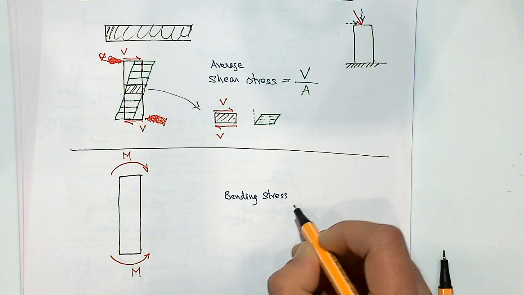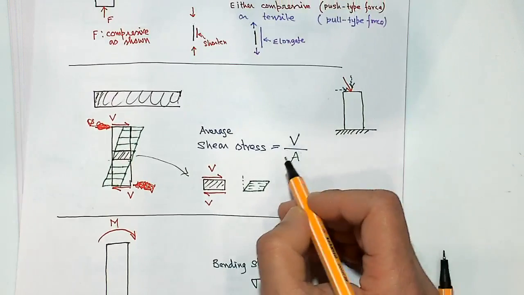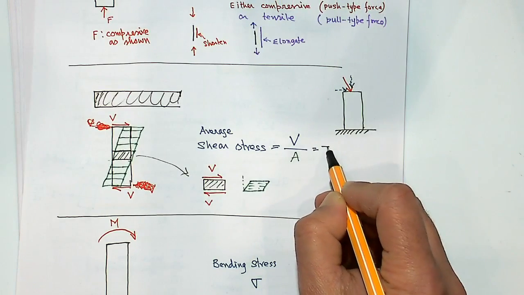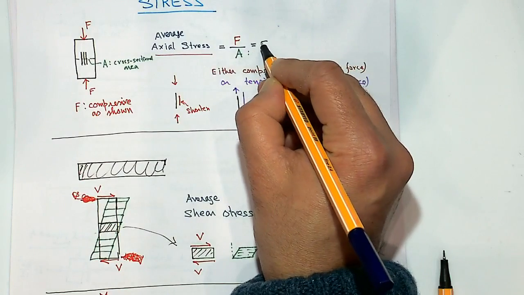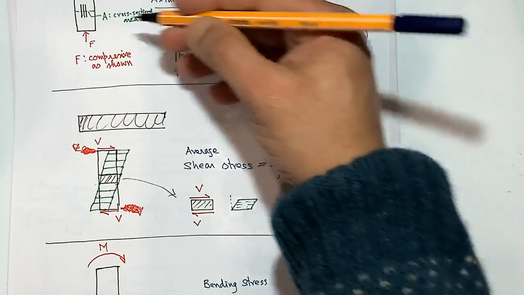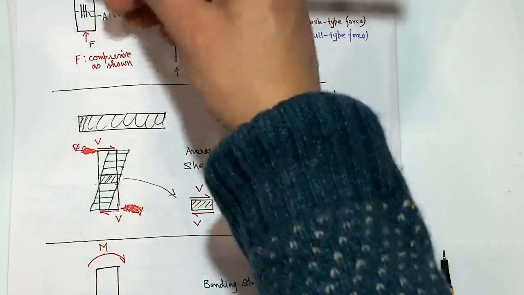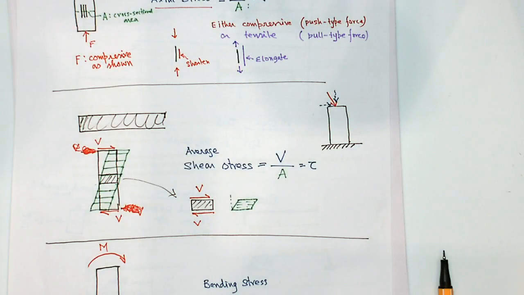The bending stress we calculate by sigma. Now, the Greek letter for shear stress is tau, and axial stress is given as sigma, and so is bending stress, because they act in the same direction, along the length direction, but the shear stress acts parallel to the cross section.